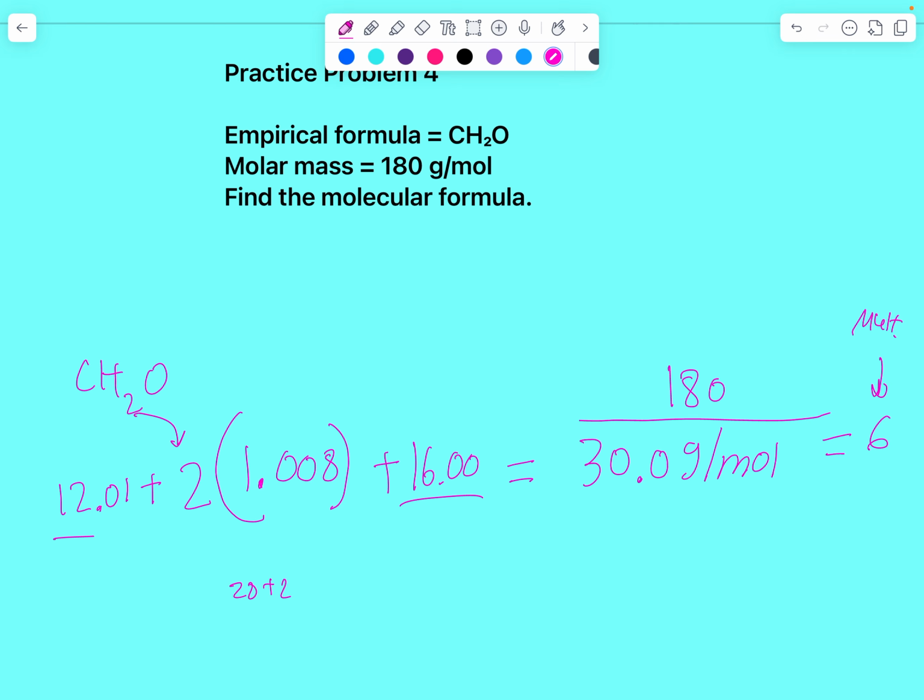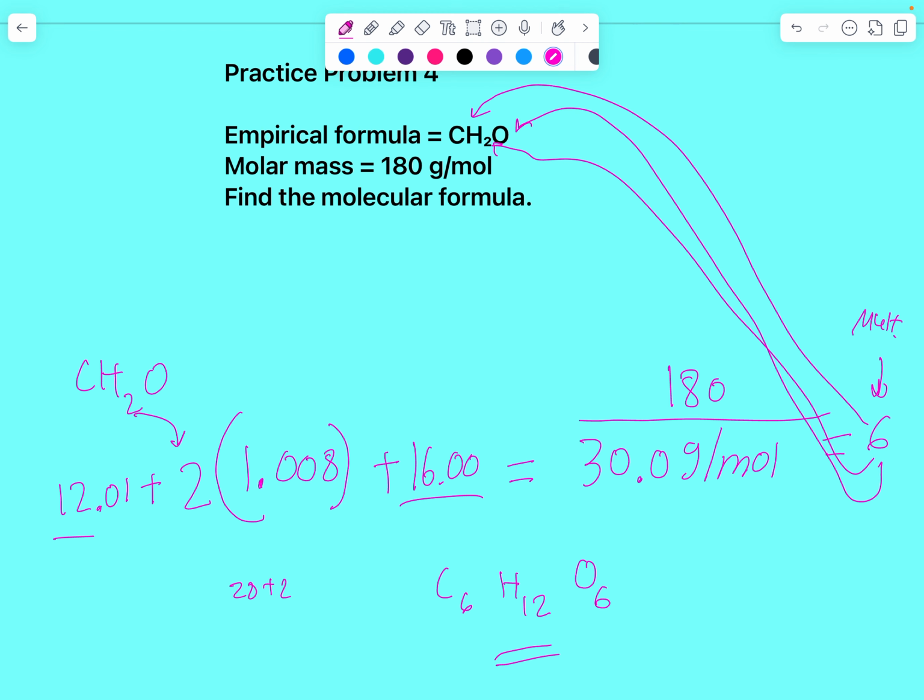This number tells me how many empirical packages fit into the true molar mass. So we had C6H12O6. You see what I did, you guys? What's 6 times 1? 6. What's 6 times 2? 12. What's 6 times... Well, 1 times 6 is 6. Remember, there's an invisible 1 that they don't tell you about.